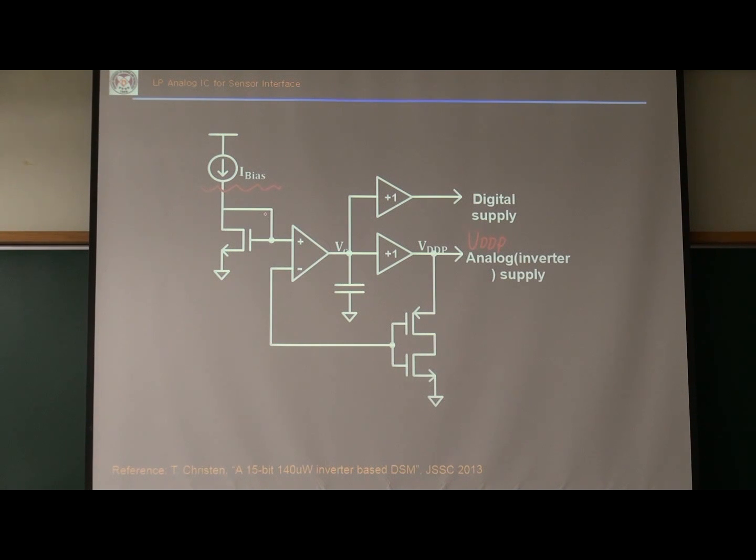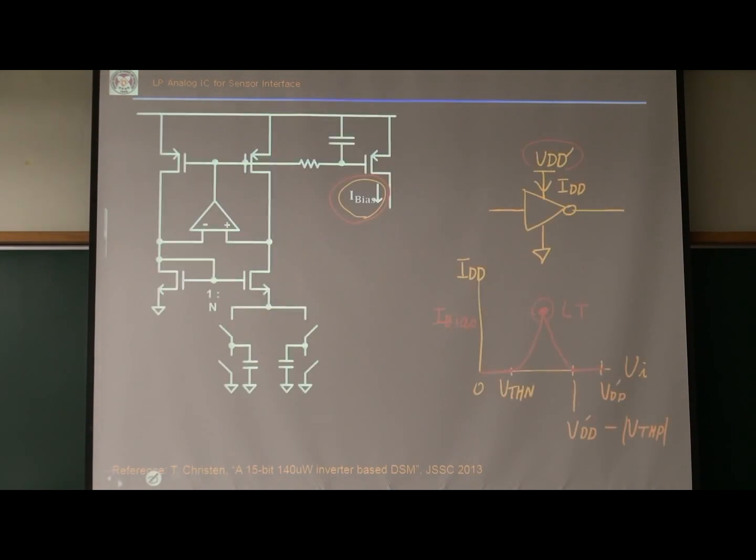Here I just used a constant gm current source, but this is a rather new circuit because the resistance part is replaced by a switched capacitor.